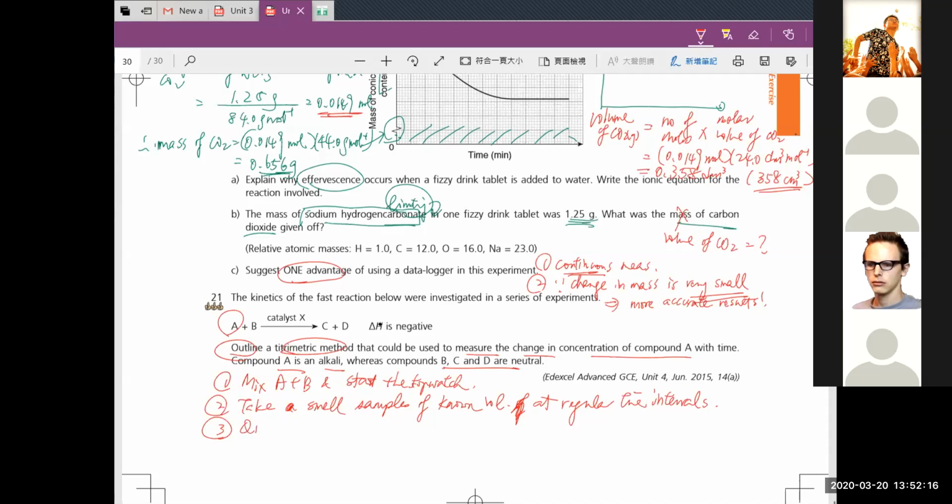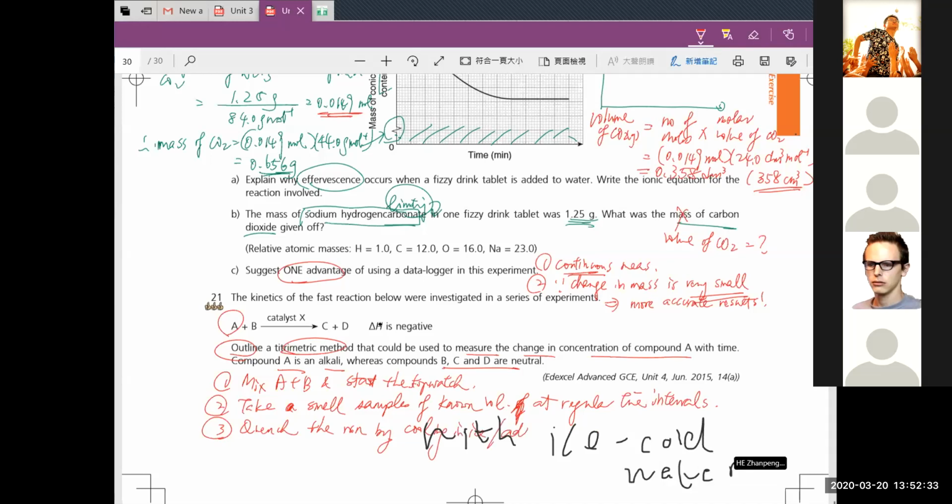And 3, quench it. How to quench? Cooling in ice, or maybe by adding large amounts of ice cold water.